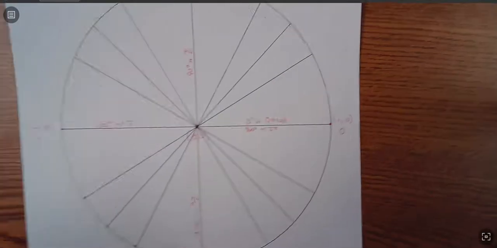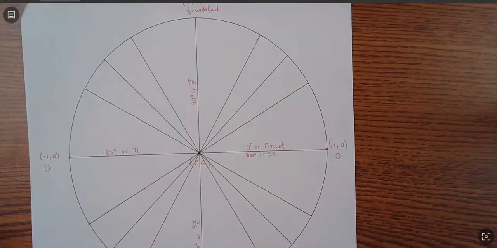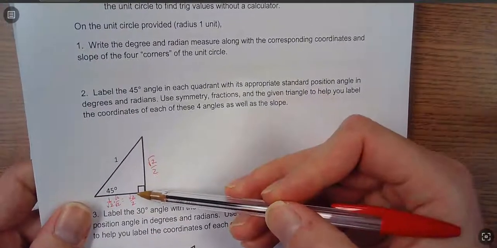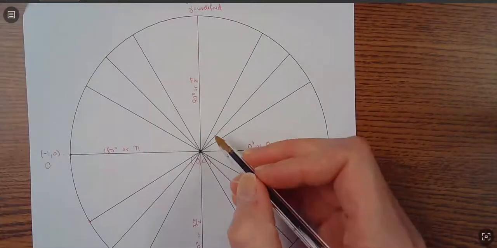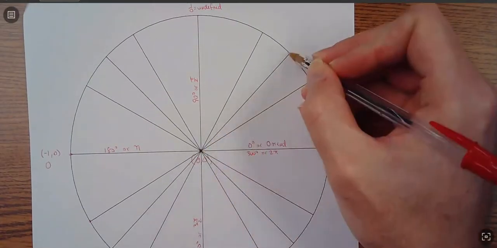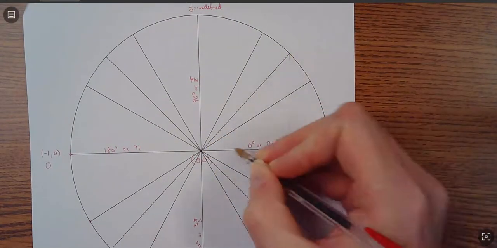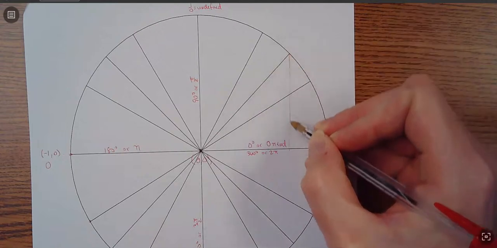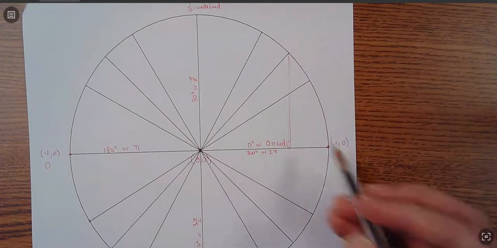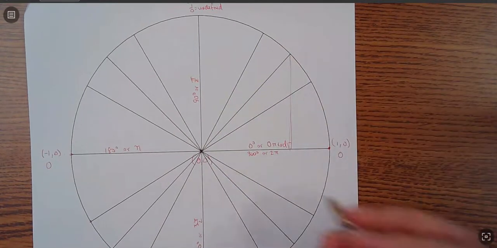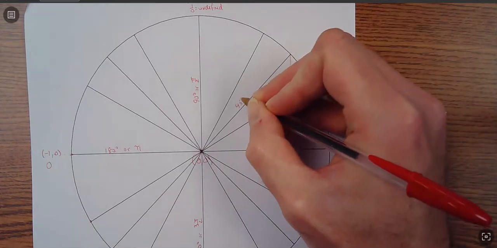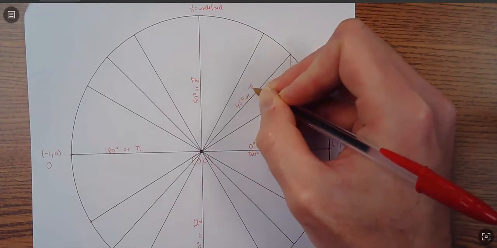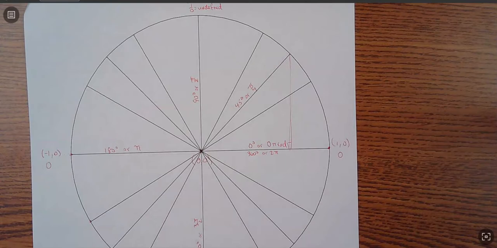So first off, let's do these 45, 45, 90 triangles. I'm looking for a 45 degree angle. If you look at right here, here is a 45, 45, 90 triangle. If I drop that straight down, that's a 45, 45, 90 triangle. If this is 1, this is 45 degrees, or pi over 4 radians.